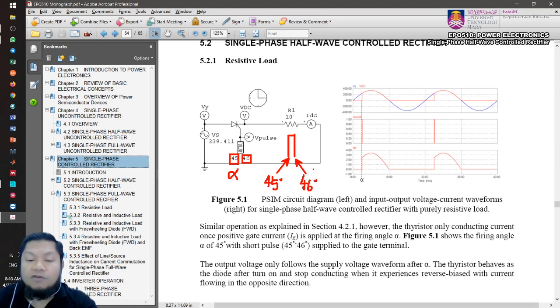You can also have 45 to 47, which is defined as a short pulse. If it's a long pulse, it will be 45 to 180 degrees. This is known as a long pulse gate signal. Okay, so for a thyristor, it is sufficient to give a short pulse here. Okay, so in PCM you will need to define this number, 45 and 46.